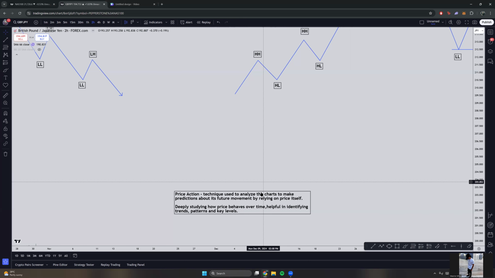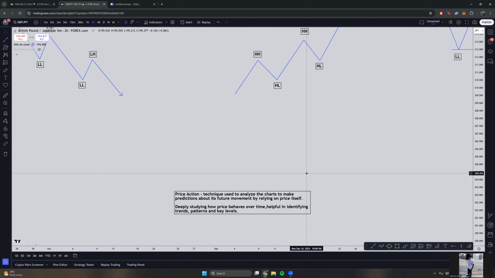But I want to go back to where I said make predictions about future movement by relying on price itself. What that means is when trading raw price action, you don't use much moving averages, RSI, volume indicators and oscillators. You don't really use lagging indicators to help you identify moves in the market.